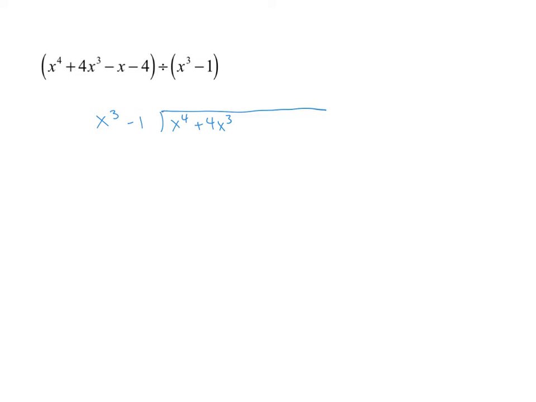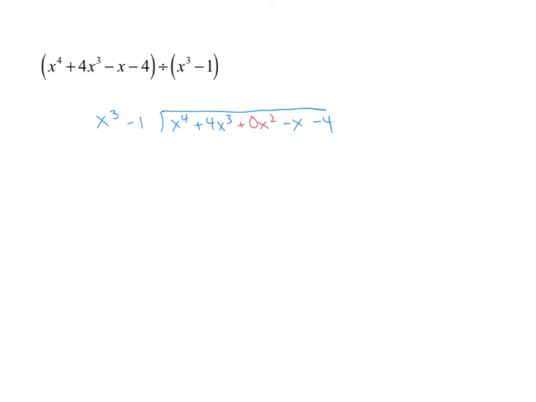Notice I have no x squared term, so I need to say plus 0x squared minus x minus 4. So again, if one of your powers is missing, you need to put a 0 in to hold the place. Now in the divisor, I don't need to do that. x to the third minus 1 is missing the x squared and the x, but it's okay in the divisor. It will work out.